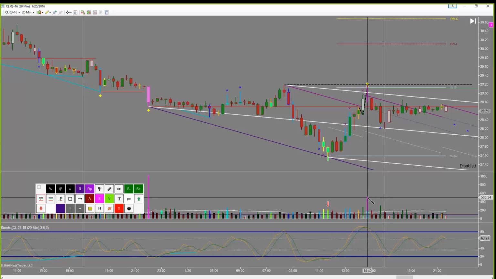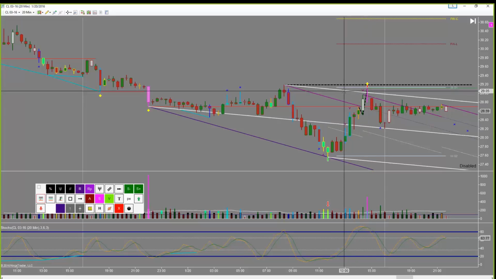And you can see it's 500% greater than average. So that's confirming that this upper median line is the area where the reversal is going to occur from. You can see the selling pressure come in because it's closing down near the low of the bar, and then it's rolling over.